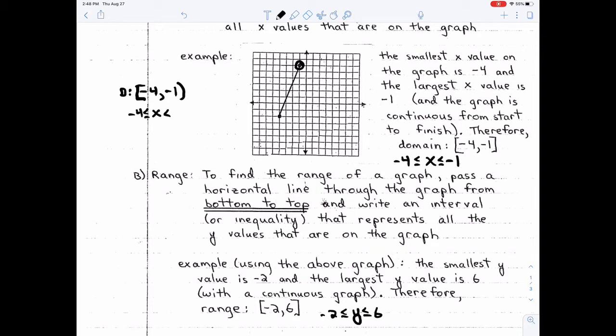You would not have an equal sign on the inequality that's on the right-hand side. What would your range be? Again, it would still be -2 to 6. Okay? But it would still include -2, but not include the 6. Or your inequality would look like this.